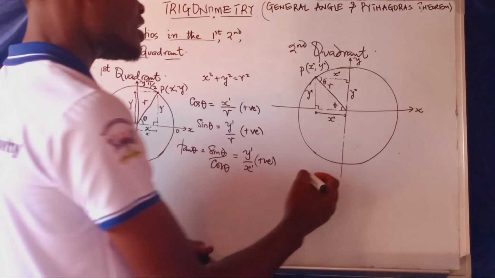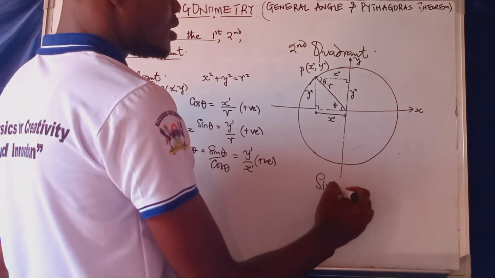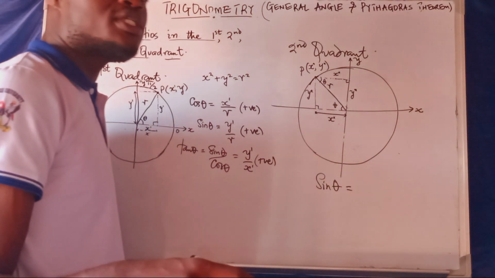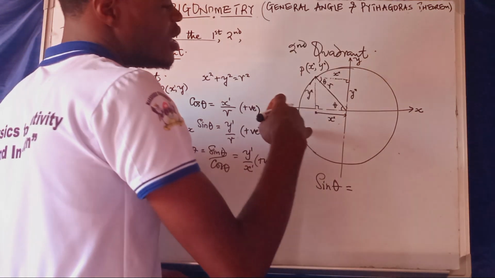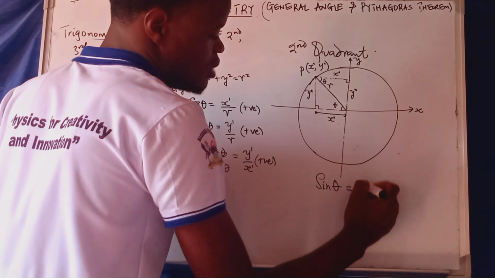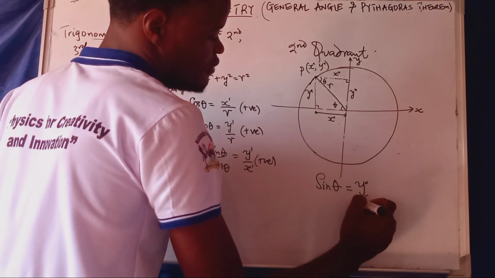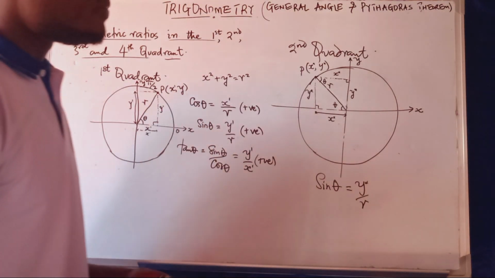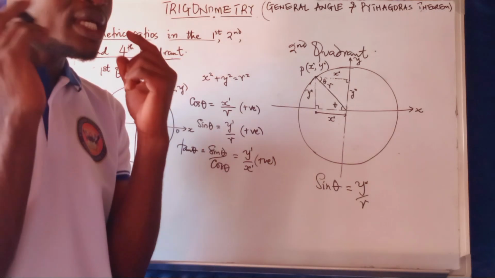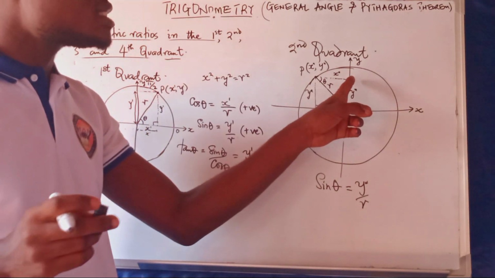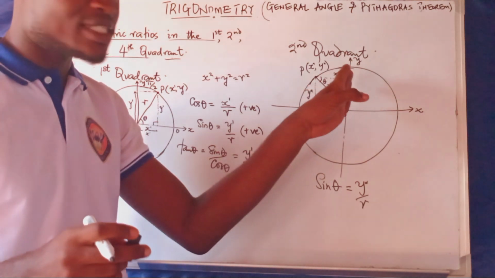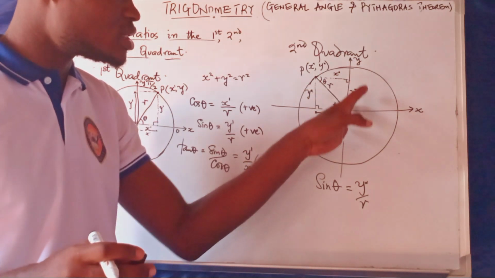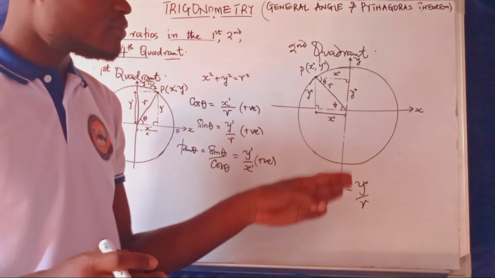So what is our sine theta? Sine theta is opposite over hypotenuse. So it is y star over hypotenuse r. But we have to bear in mind that our y is positive. We are still on the positive y axis. This length here is positive from here up to here.